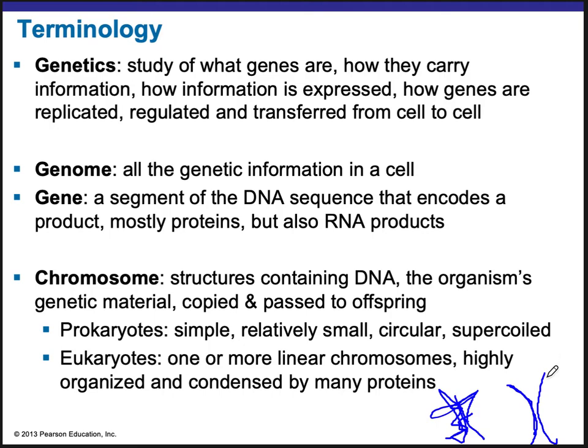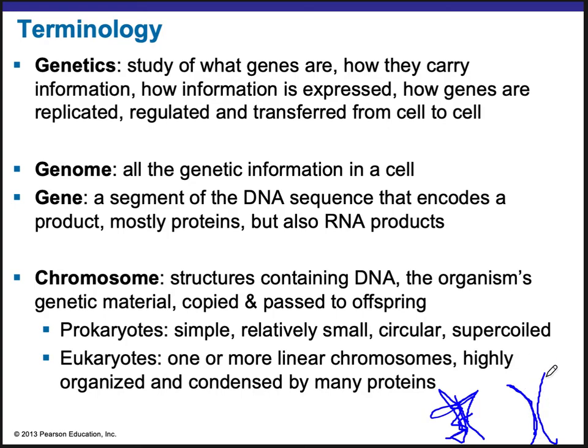It doesn't stay in this condensed form throughout the whole life of the cell. In fact, when it's super condensed like this, the cell cannot even get to it, cannot utilize it to make anything. So what we call protein synthesis won't be able to occur during this highly condensed form.